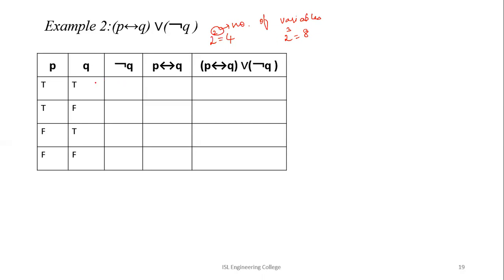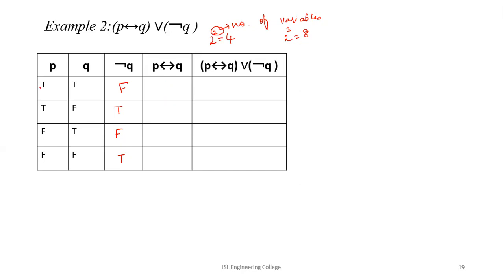Now we have to first find the negation of Q. The negation of Q will be false, true, false, true. Now, after that, the next thing is by implication or by conditional. For by implication or by conditional, the rule is the biconditional is true when P and Q have the same truth values.